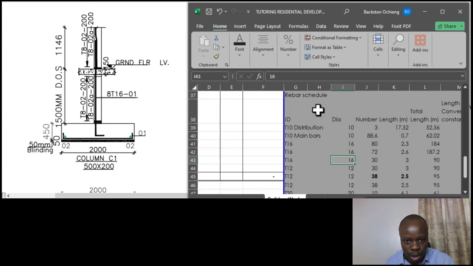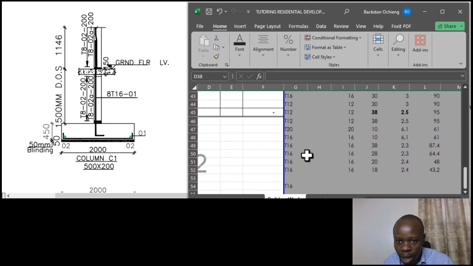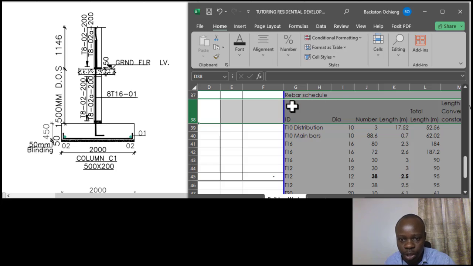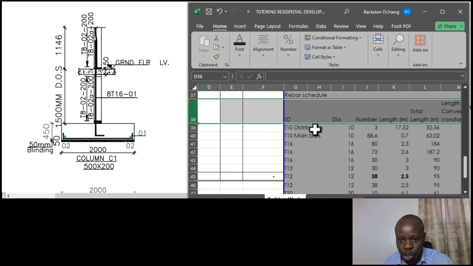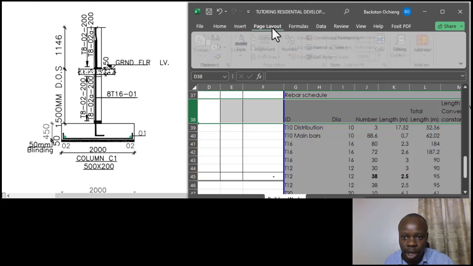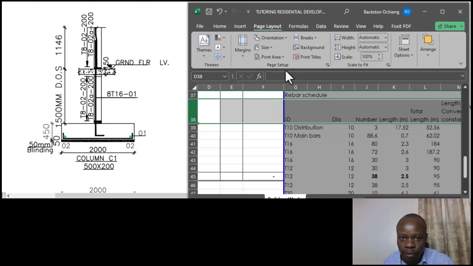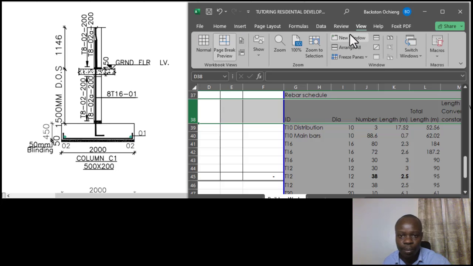So I would also like to just teach you a little hint here. I would like to freeze this pane so that I don't have to scroll upwards, so that I see which item or the column I'm dealing with. So if you want to do that, you go to the view tab.